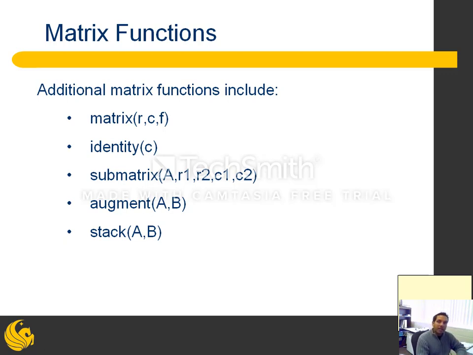I can augment A and B, given two matrices A and B with the same exact number of rows, meaning that B will be pasted to the right of A to create a new matrix C. So you can say C is augment A, B. Or I can stack them. I can put B underneath A, as long as B has the same number of columns as A, and stack the two into a new matrix called C. So those are some examples of use of matrix functions.